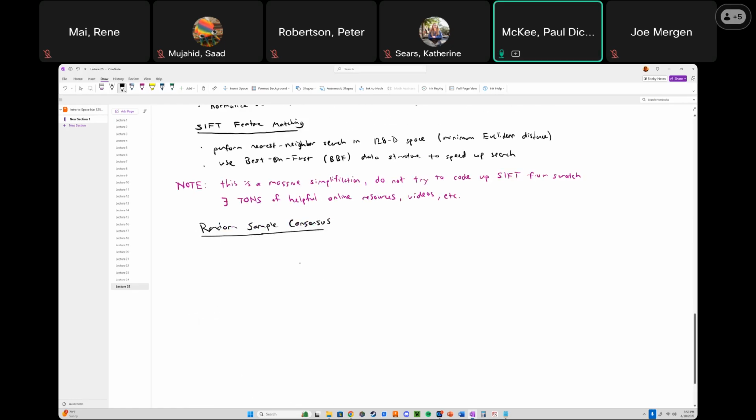So random sample consensus, sometimes known as RANSAC, is a very popular method of outlier rejection. Used in several fields.